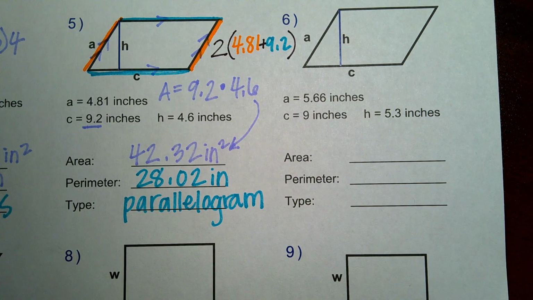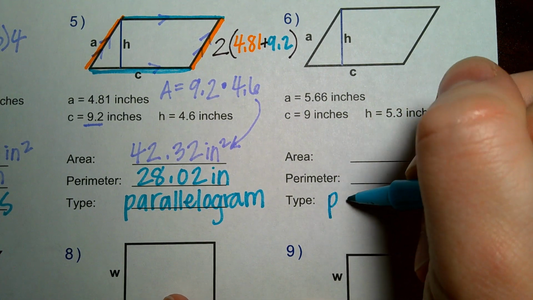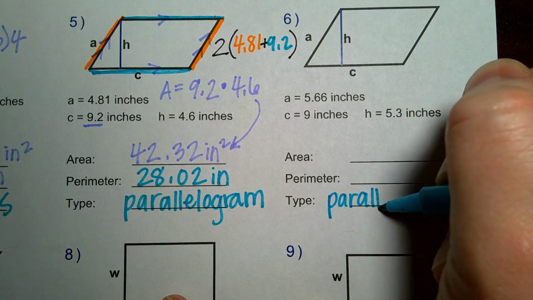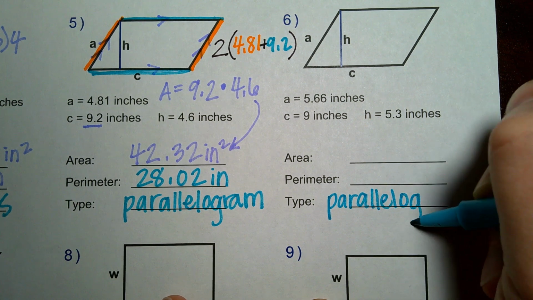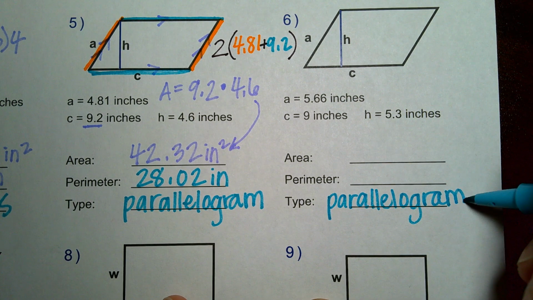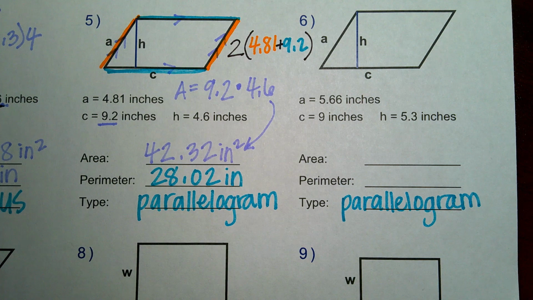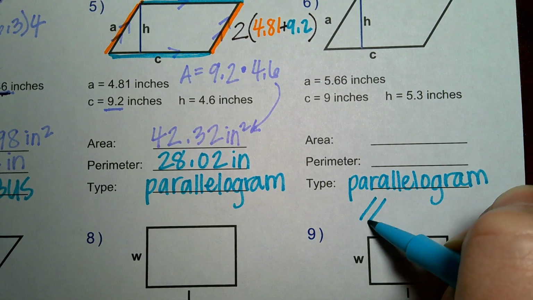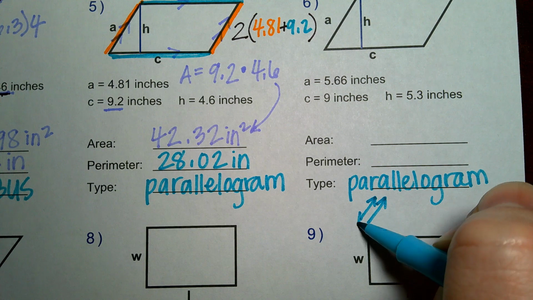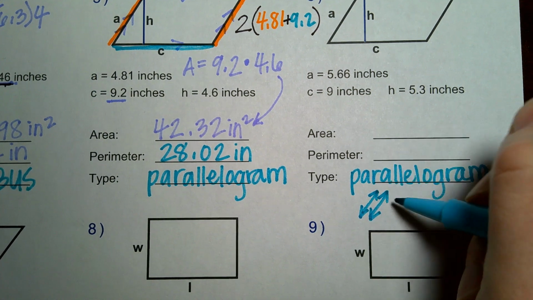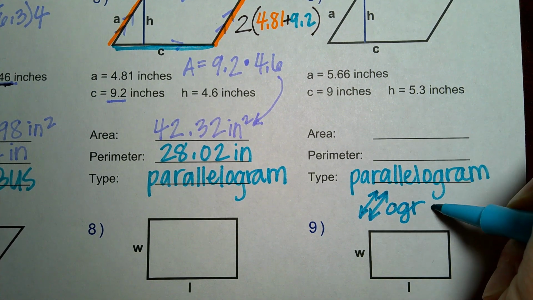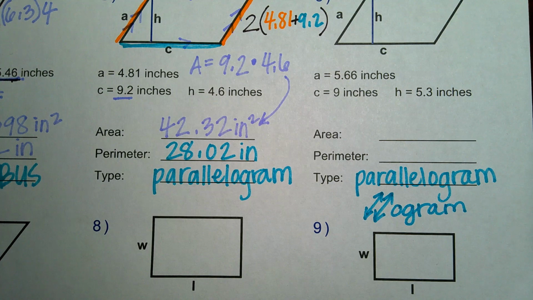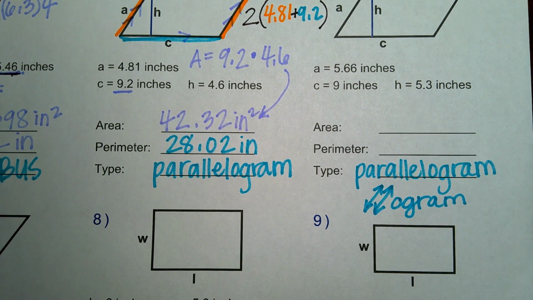I'll go ahead and write that in so I don't forget. You could abbreviate this and write a parallel lines symbol, say ogram. I don't know if that's any quicker, but whatever.